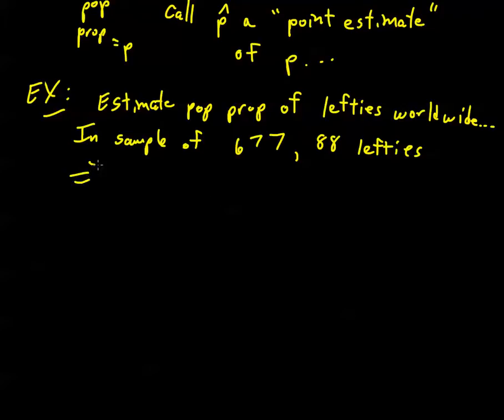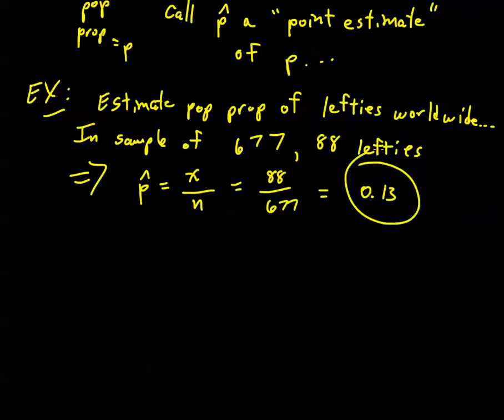Alright, so that means our sample proportion of left-handers is going to be the raw count of left-handers divided by the sample size. And here that would be, of course, 88 over 677, and that's 0.13. So in our sample, about 13% of our sample was left-handed, and we will use that as a point estimate of the population proportion, right?